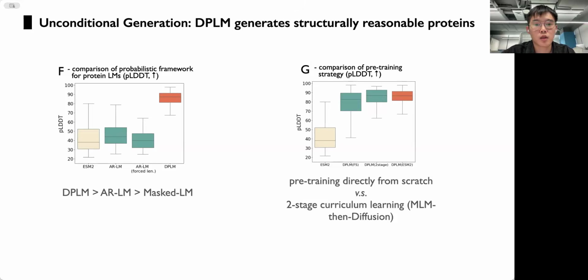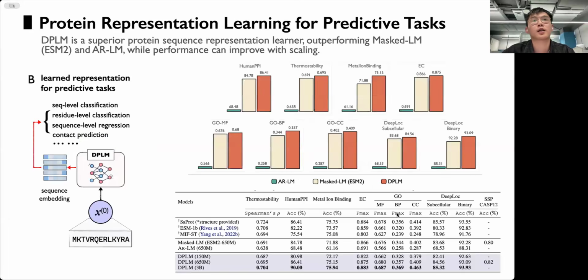Can you elaborate more on the table comparing performance on various protein predictive downstream tasks? Okay, so we used the benchmarks used in the SaProt paper, and they test predictive tasks such as PPI prediction and functional prediction, and we also test secondary structure prediction in the last column.